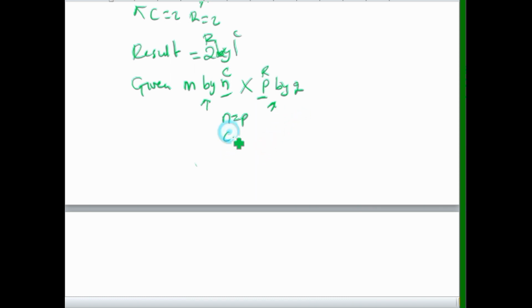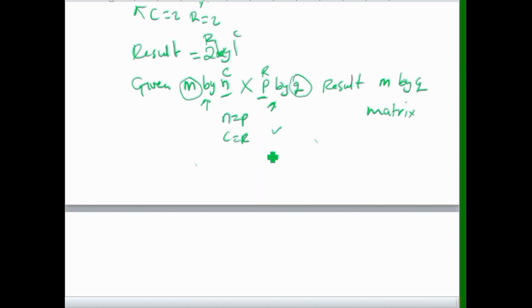So that multiplication is possible. Now, the result will be an M by Q matrix, considering that the number of columns in the first matrix equals the number of rows in the second matrix.